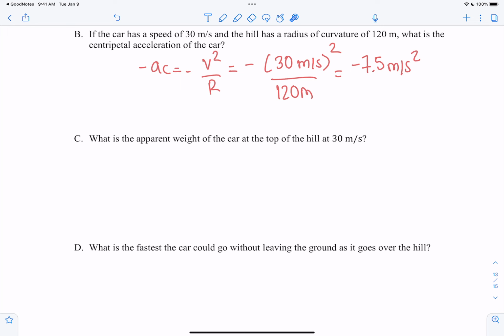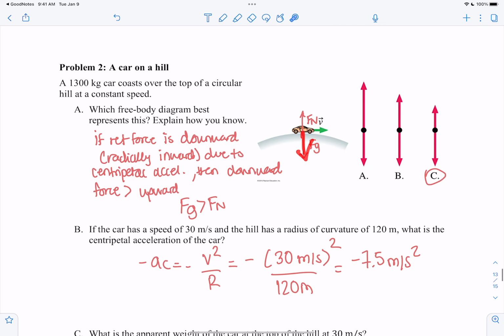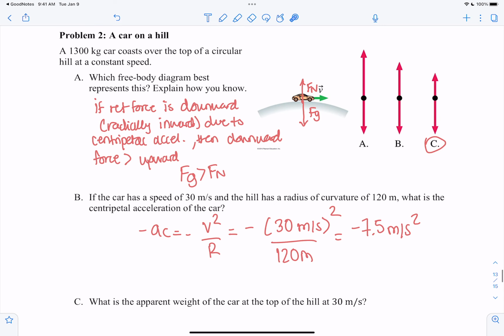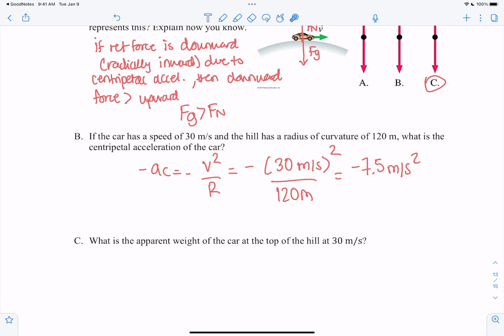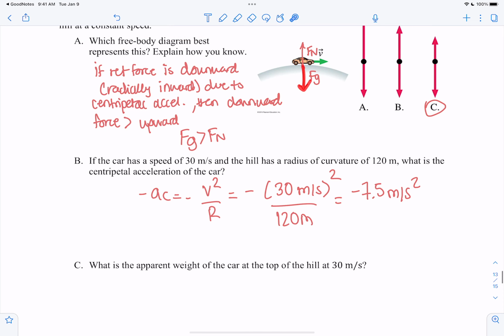Well, if I'm looking for a force relative to some other forces that I've identified, like gravity, for example, that's what I drew for my free body diagram there. If I'm trying to figure out one force in relation to another force, then most likely I'm going to have to set up a net force equation of some kind in order to relate two forces to each other, right? Well, there's force of gravity.